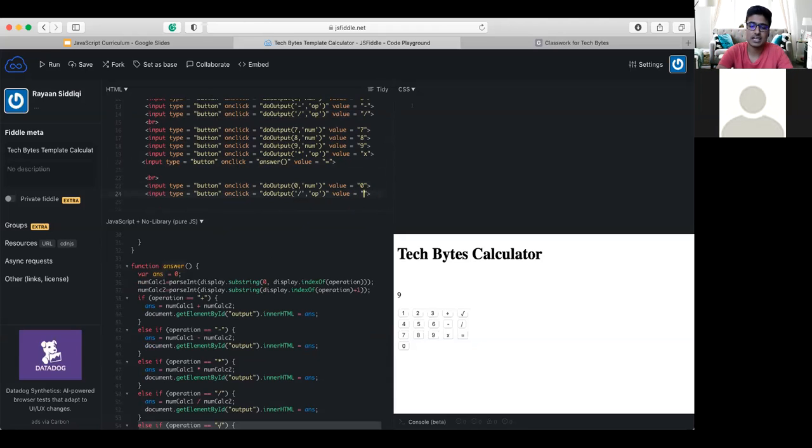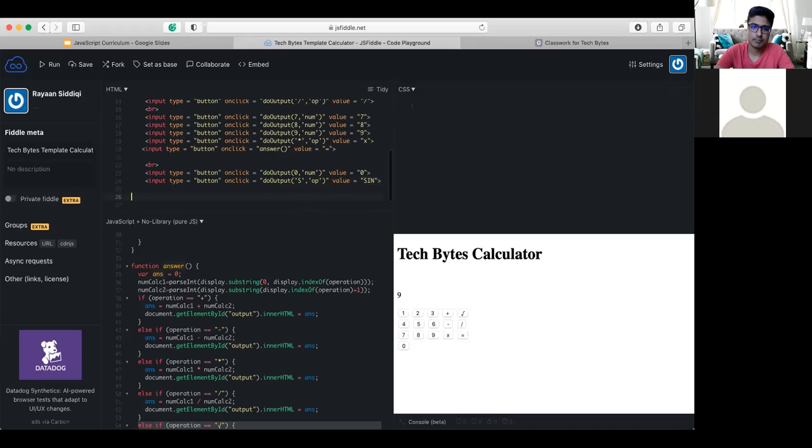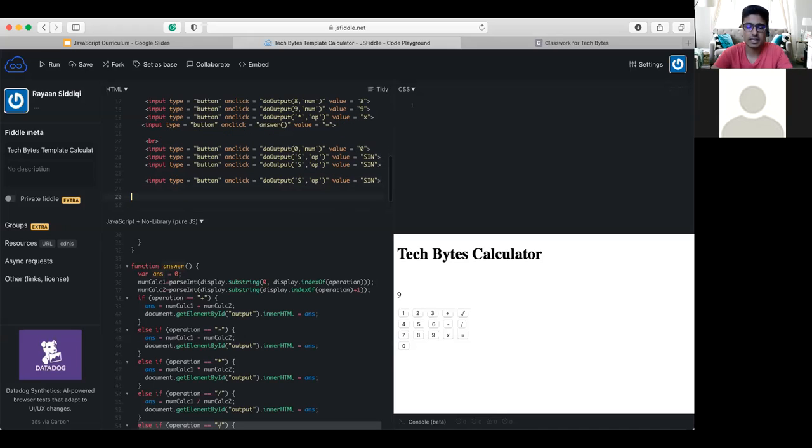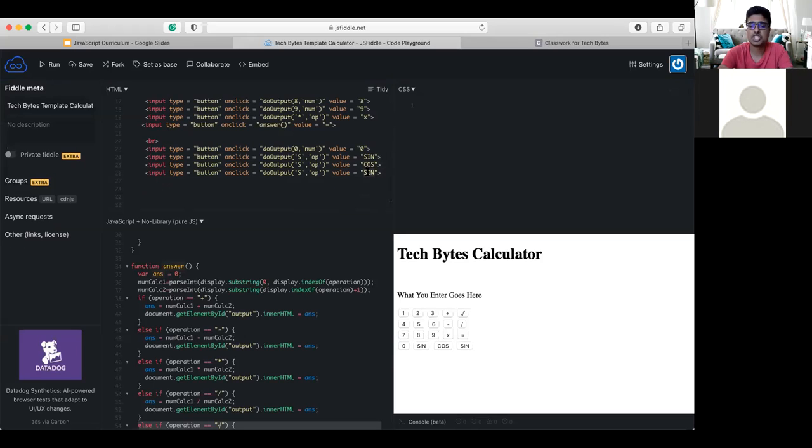So I'm just going to say, we'll do sine first. And then I'm going to change the parameter which we are passing into our do output function to, we can make it the letter S, just to shorten it up. Copy this line, go ahead and paste it twice because we have 2 more functions related to trigonometry which we're going to be adding. So we got sine, cosine, which is COS for short, and then tangent, which is TAN for short.